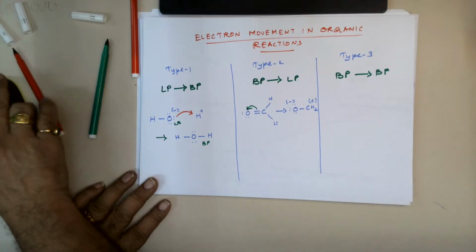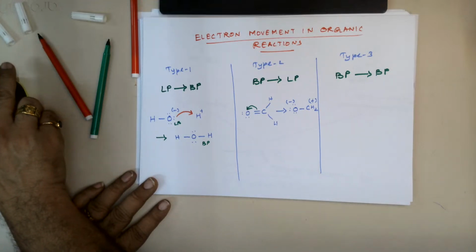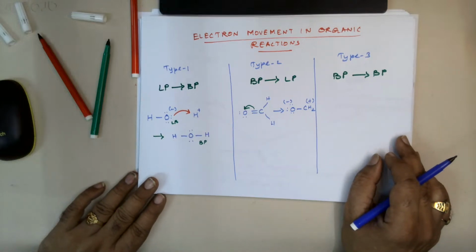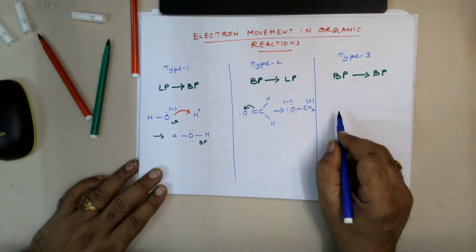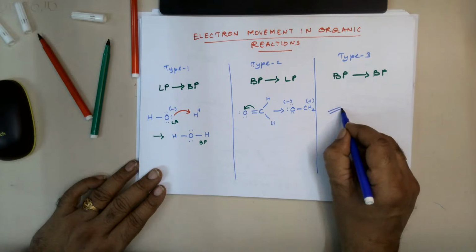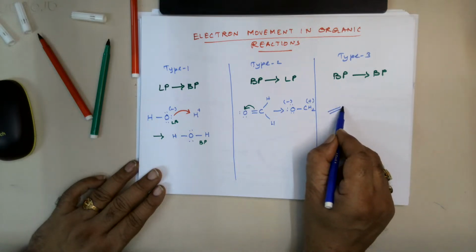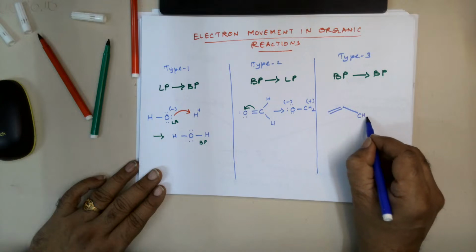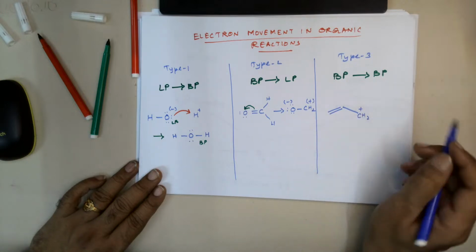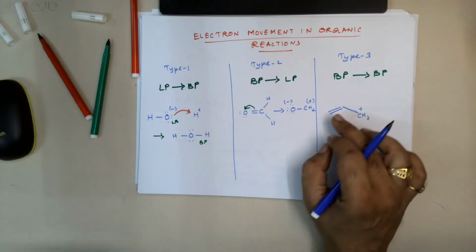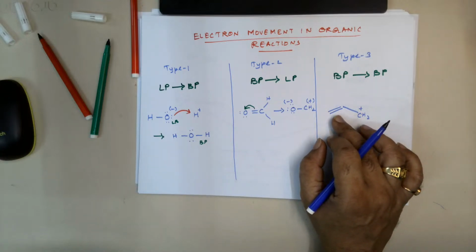And another type, that is bonded pair to bonded pair. Let me consider. Can you guess what this molecule is? Anyone? This is an alkene, a double bond.